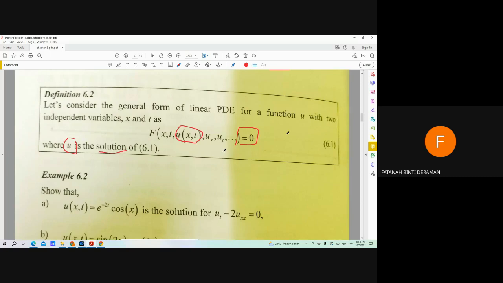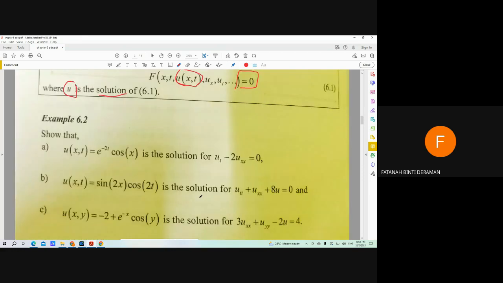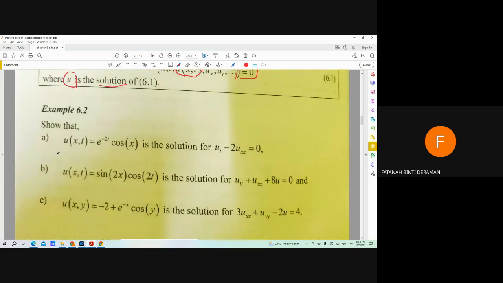You need to know how to verify whether u is a solution for this equation. For example, here we have u(x,t) equals e to the negative 2t cos x. So this is a solution for this equation.